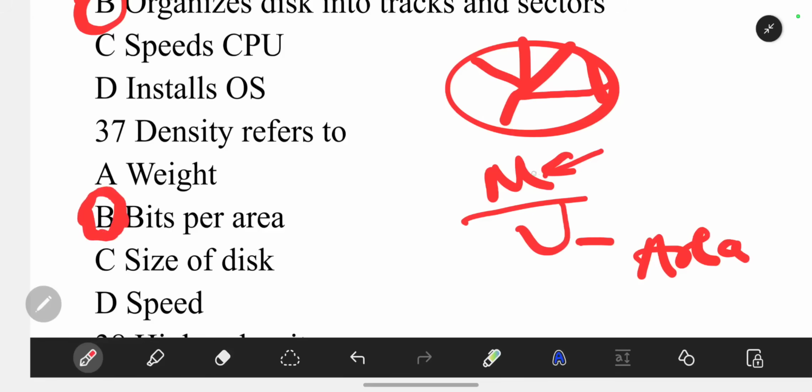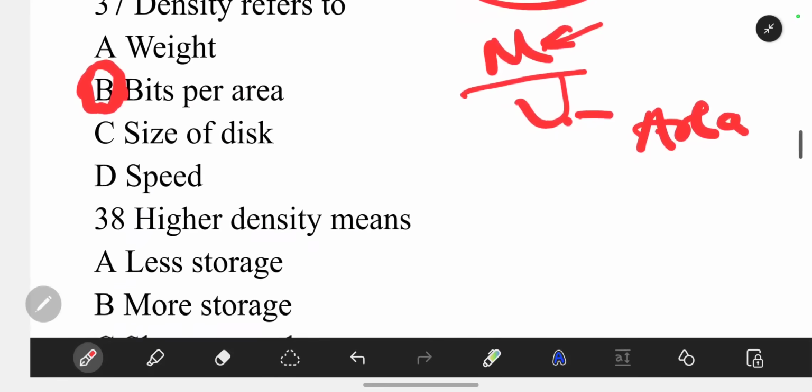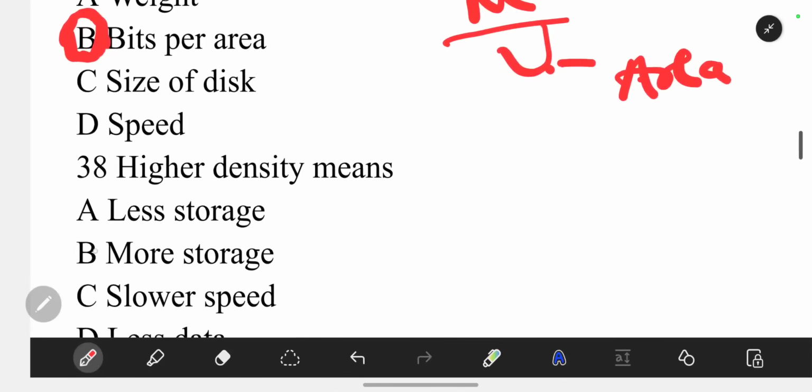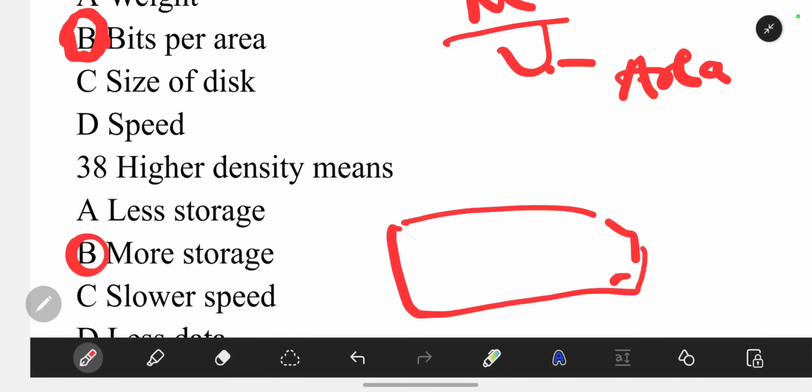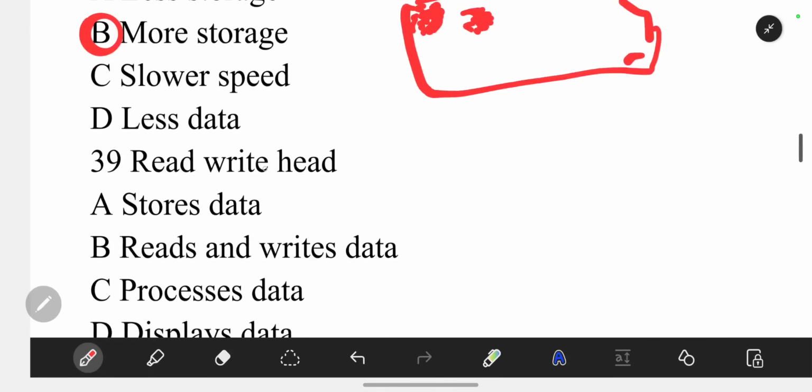So that substitutes mass, and volume is substituted by area. That's the density. Higher density means more storage, because it can accommodate more data per unit area.